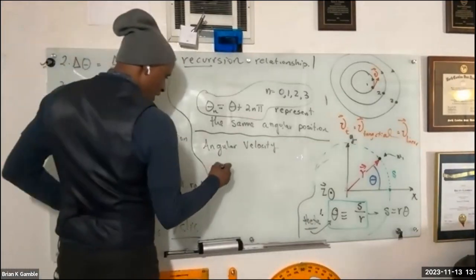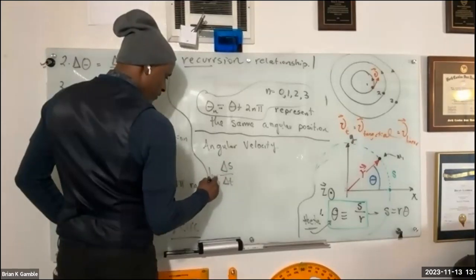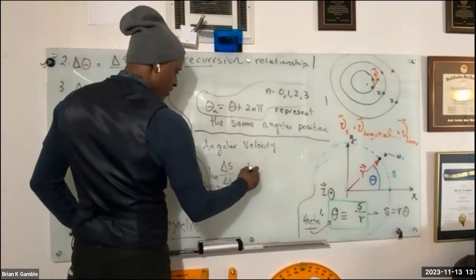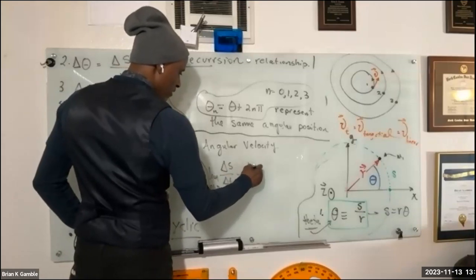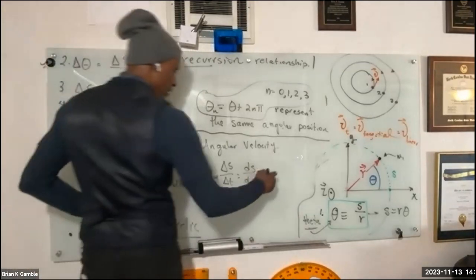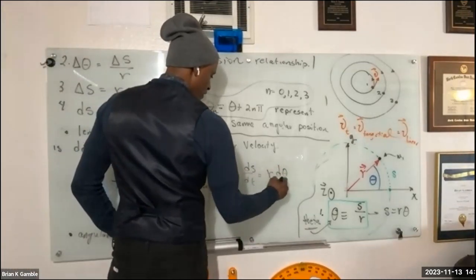So if we have this, and then take the limit as delta t goes to 0. Well, what is that? That's a derivative. So ds dt is going to be the derivative of the right side. So r d theta, all that's dt.